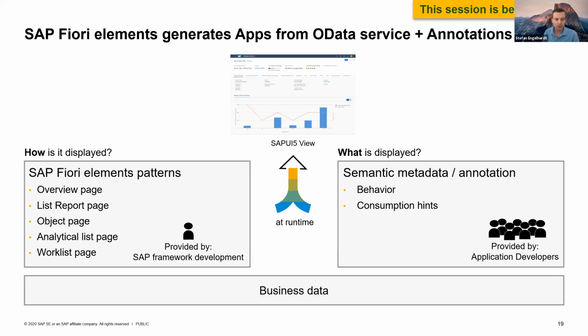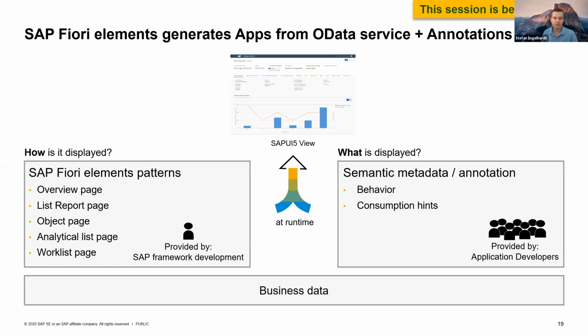In Fiori Elements, it works a bit differently. There, you as an app developer, this is on the right side, on the bottom, you basically offer the business data as an OData service. This is a standardized format from mainly Microsoft and SAP. So you offer this business data in an OData service, and you tell the UI what it should do.